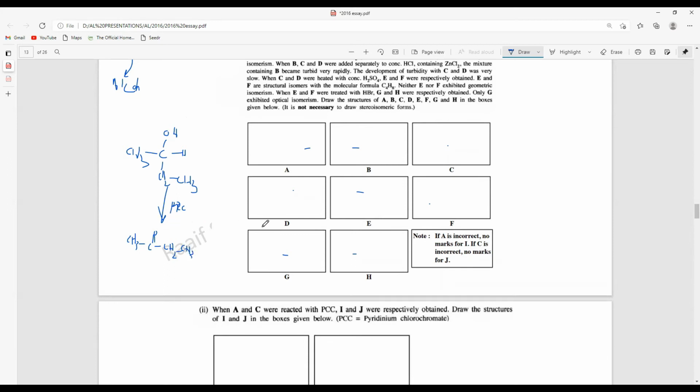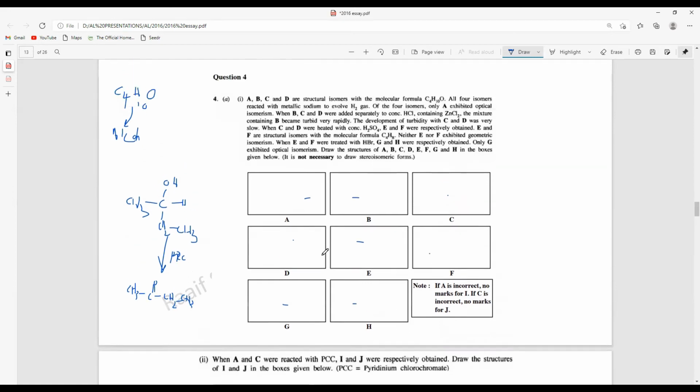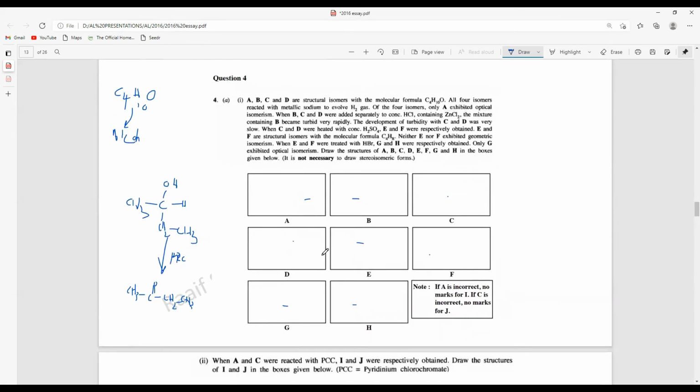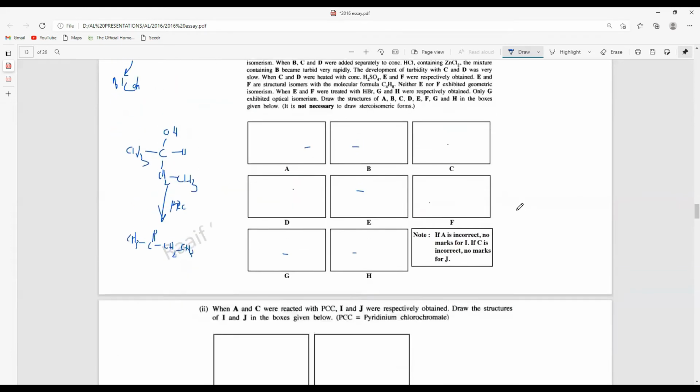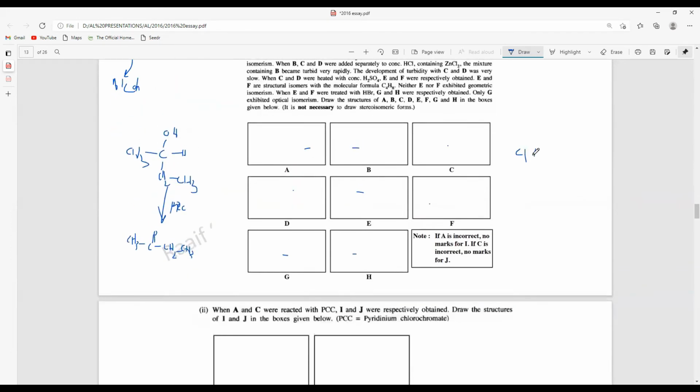So very nice. And what is C here? So C is our compound that we discussed here. C is a primary alcohol. So when you do PCC, you will get an aldehyde.